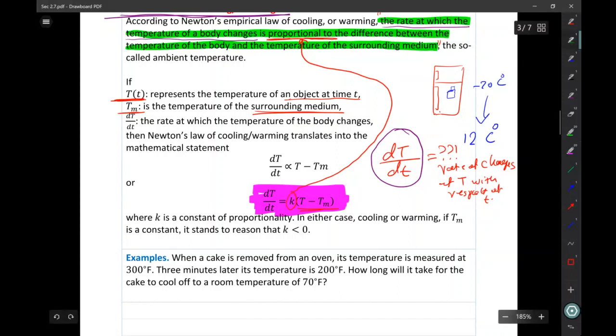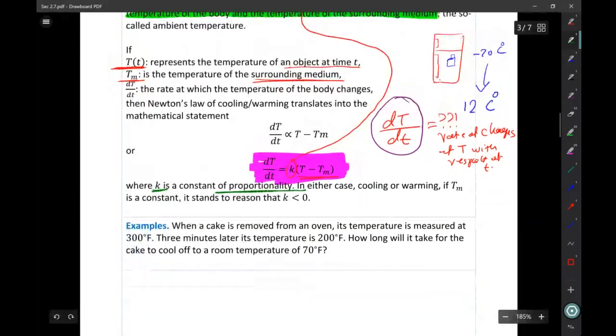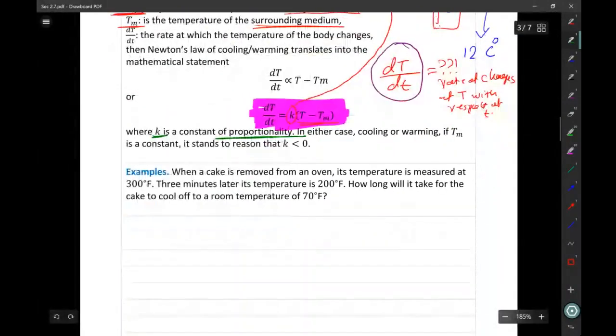K is the constant of proportionality. Let us see how I can apply Newton's law to the following examples.